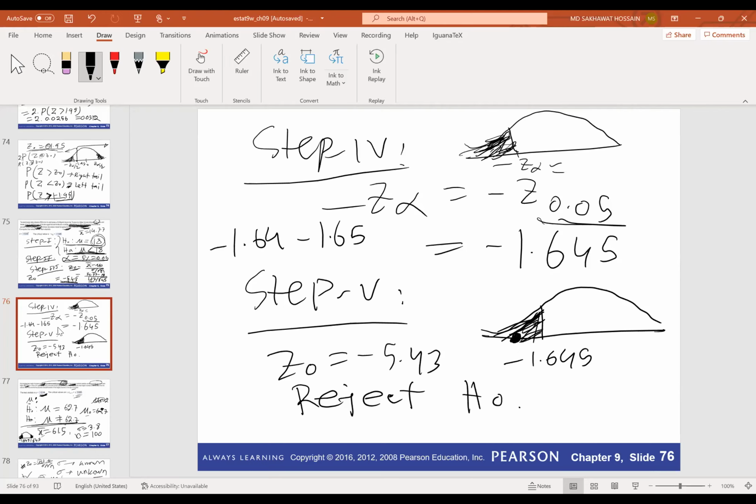If you take the average of these two numbers, it will be negative 1.645. So z alpha is here negative 1.645.